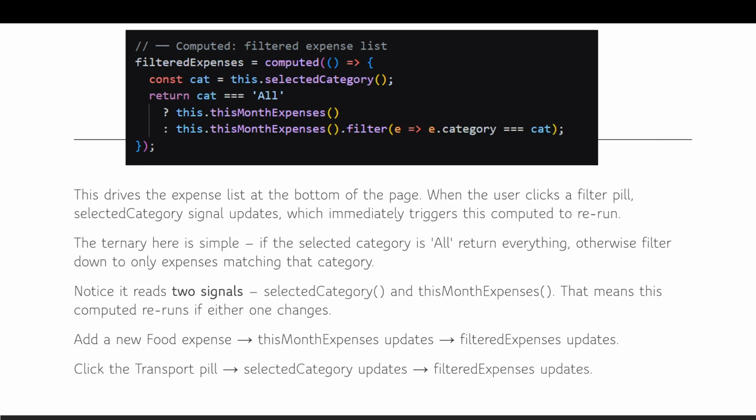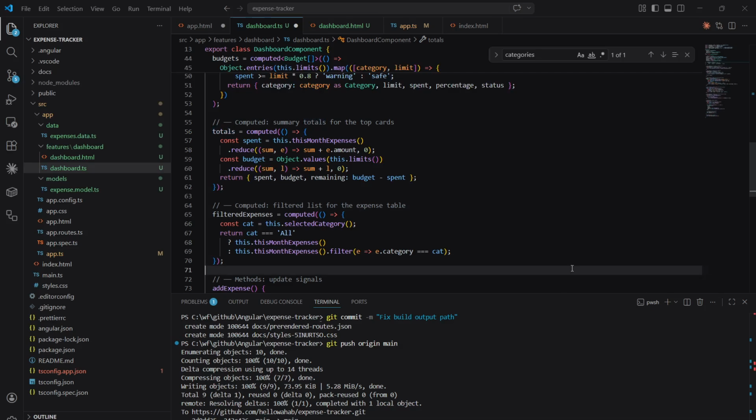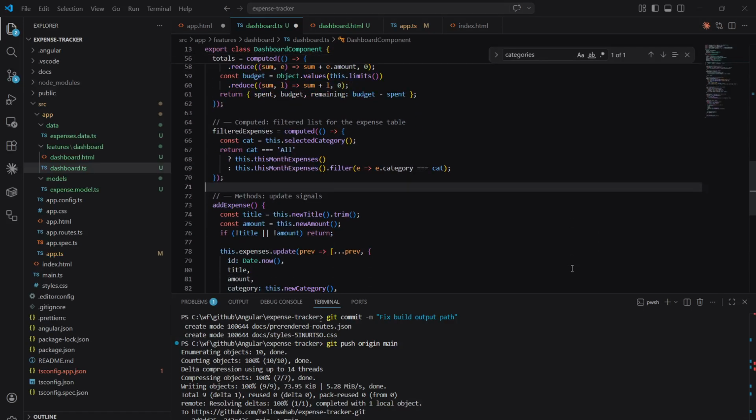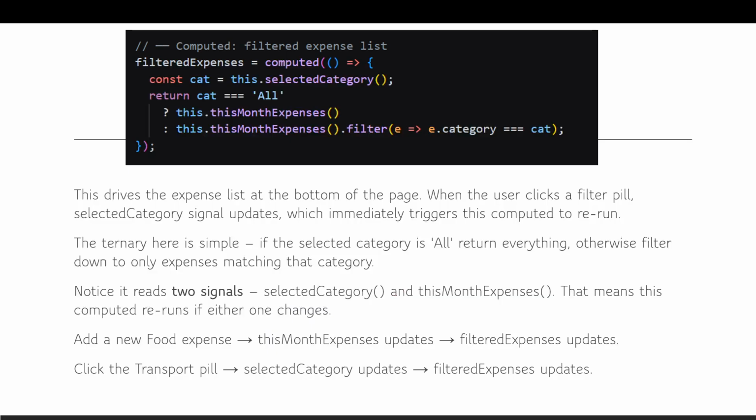And then comes the actual filtered expenses. Let's move below. This drives the expense list at the bottom of the page. When the user clicks a filter pill, we are going to showcase certain filter pills like all or food or others.